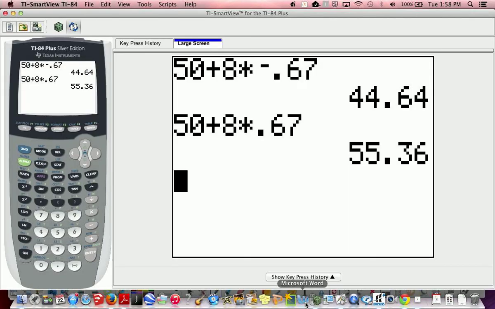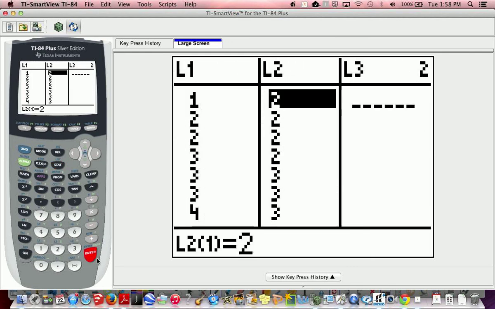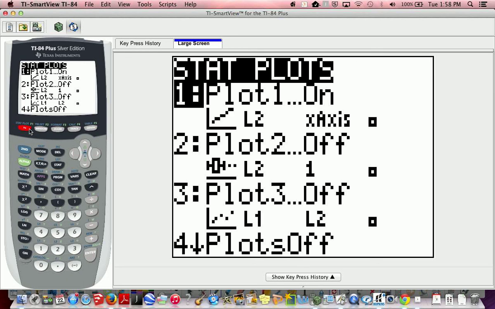So just to show you here, if I go to my stat and I go to edit, I've entered all the data points myself into list 1 and list 2. If you look at your notes, it has the stat plot screen on. So if I go second y equals, it goes to my stat plot menu.